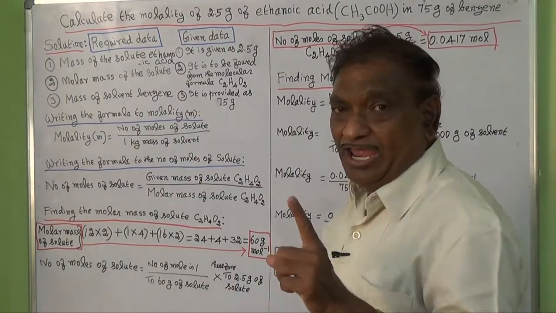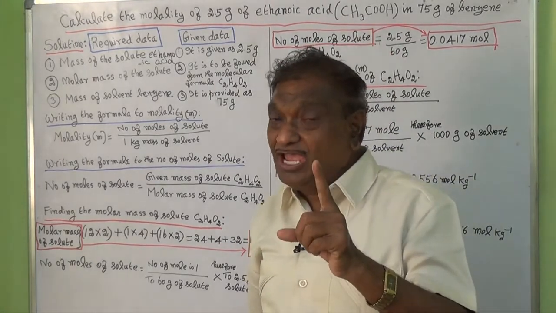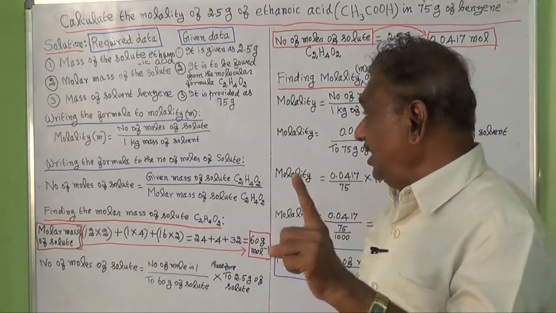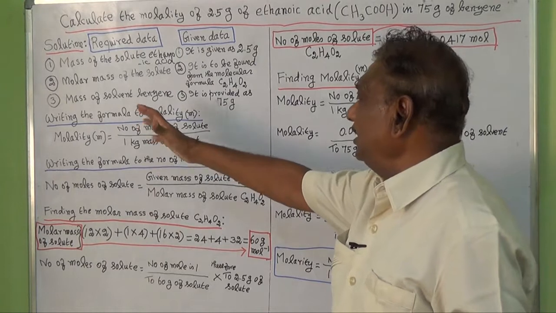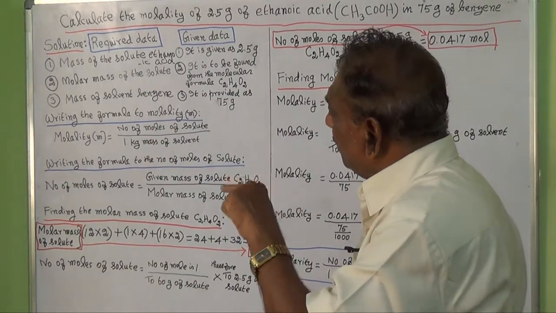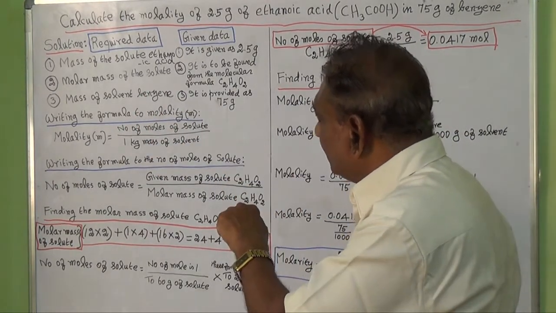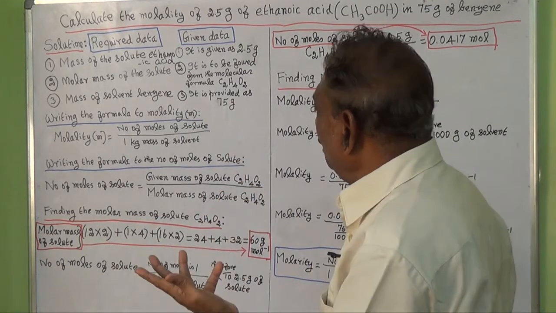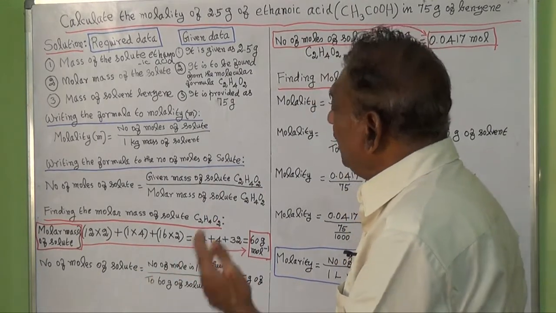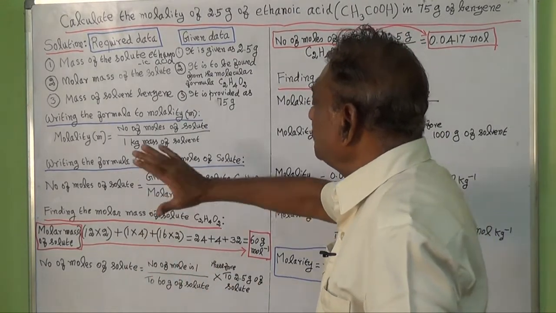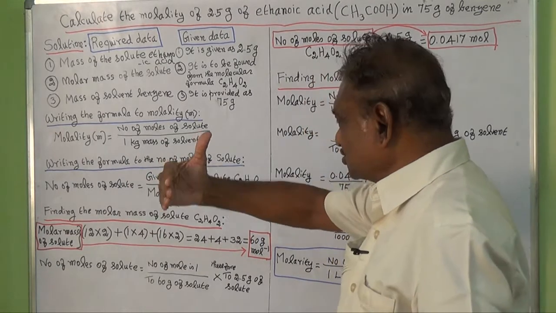If we know the number of moles of the solute ethanoic acid, we can find the molality. So how to find the number of moles of the solute? We are going to write the formula to find the number of moles of solute as a next step.